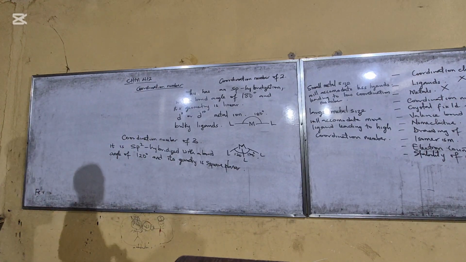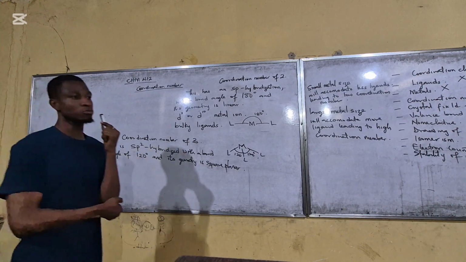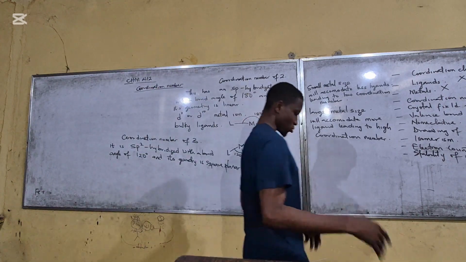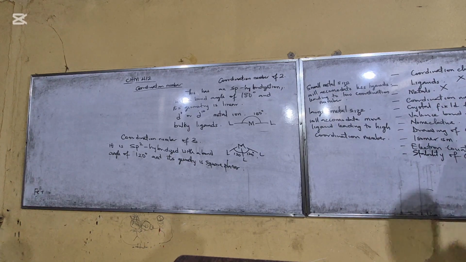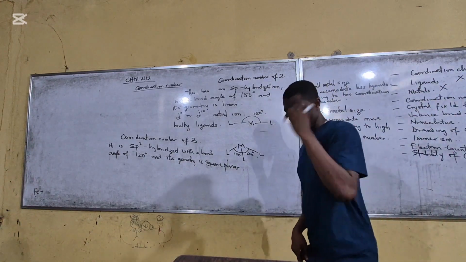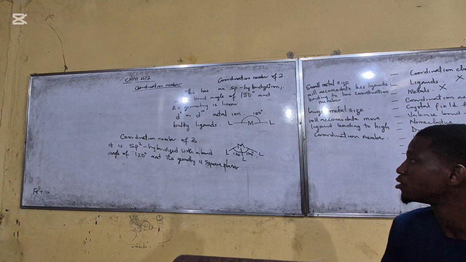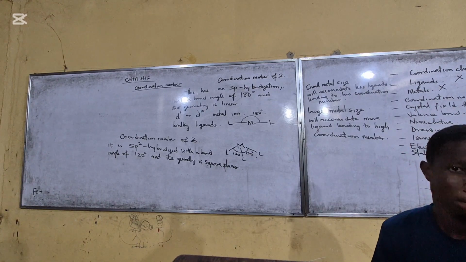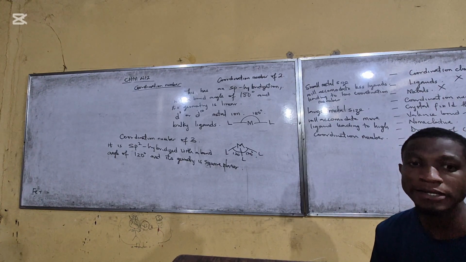For square planar, it is also favored by d10 configuration, and also favored by bulky ligands.